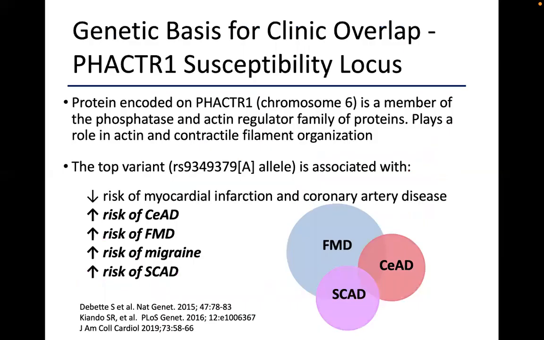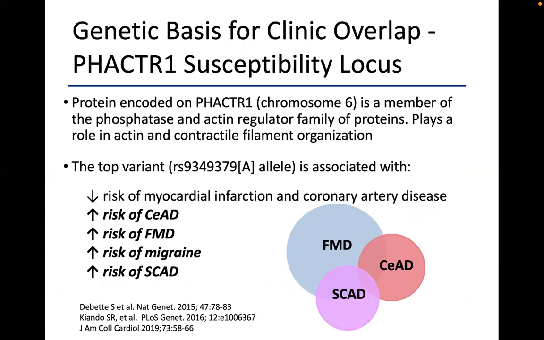Now, the genetic basis for the clinical overlap of FMD and cervical artery dissection and now SCAD has been established, and the first variant that was identified was in the PHACTR1 gene, which is a member of the phosphatase and actin regulator family of proteins that plays a role in actin and contractile filament organization.